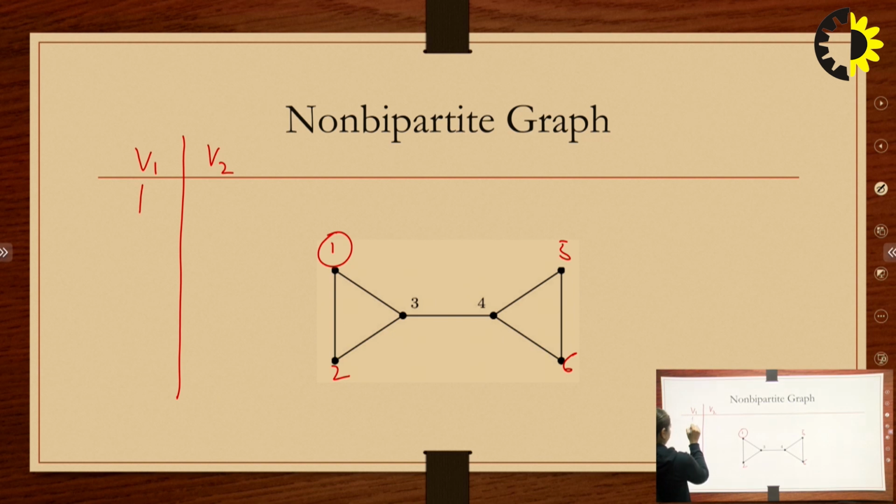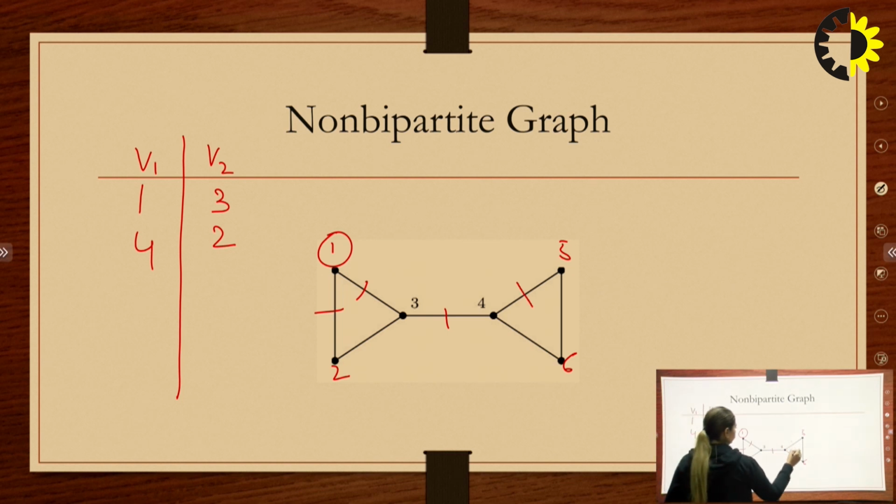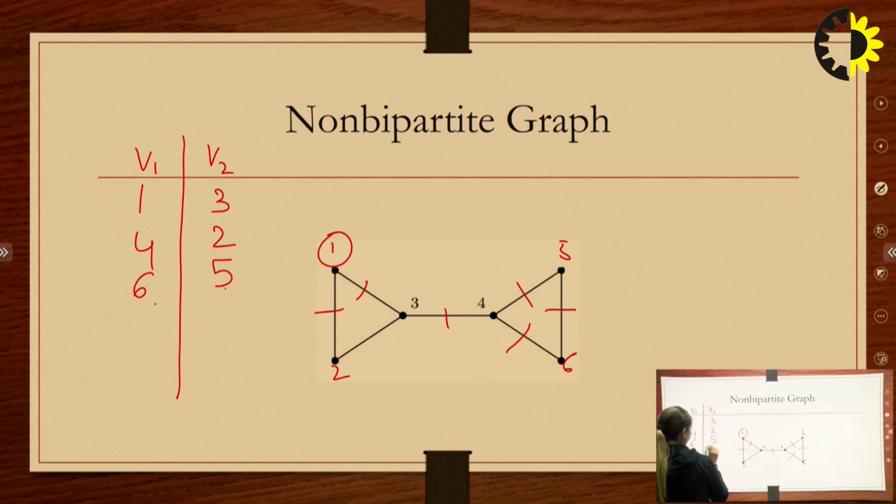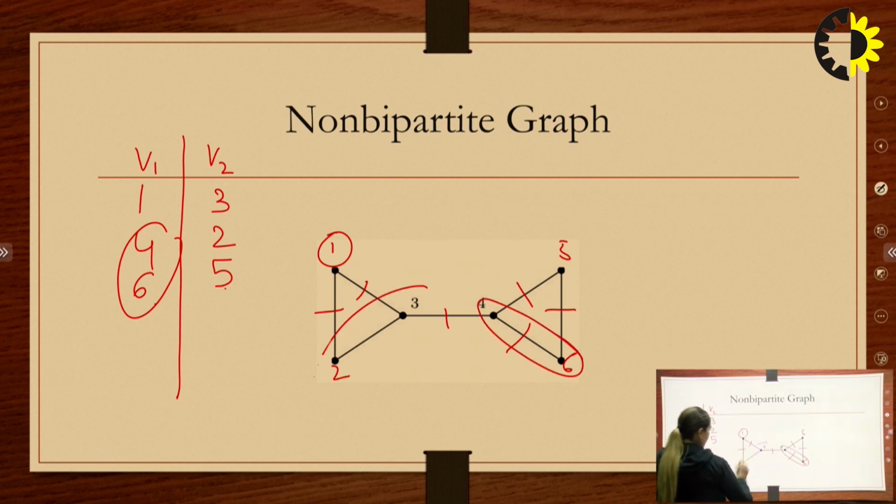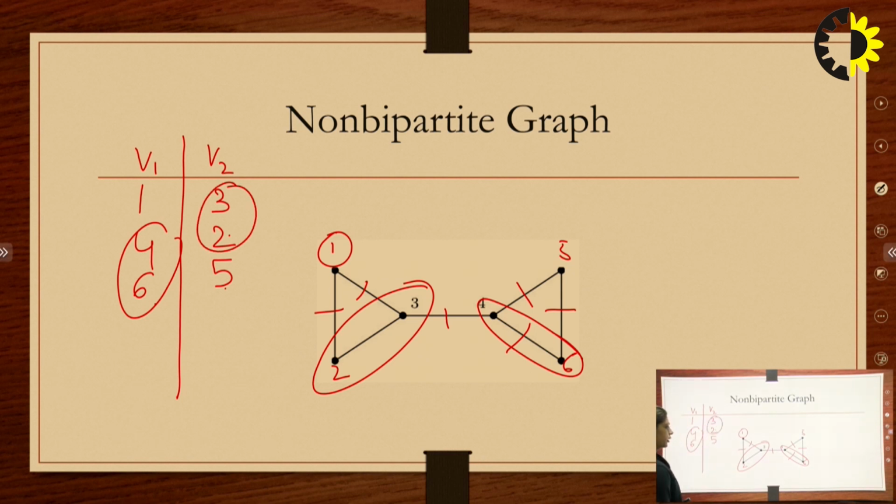If we keep 1 here, then 3 should be here, and 2 should be here. 3 is here, then 4 should be here. 4 is here, then 5 should be here. 5 is here, then 6 should be here. 6 is here, then 4 should be here, but it is not there for this edge. Similarly, for this edge, 2 is here, then 3 should be here, but it is not there. So this is also not a bipartite graph. Thank you very much.